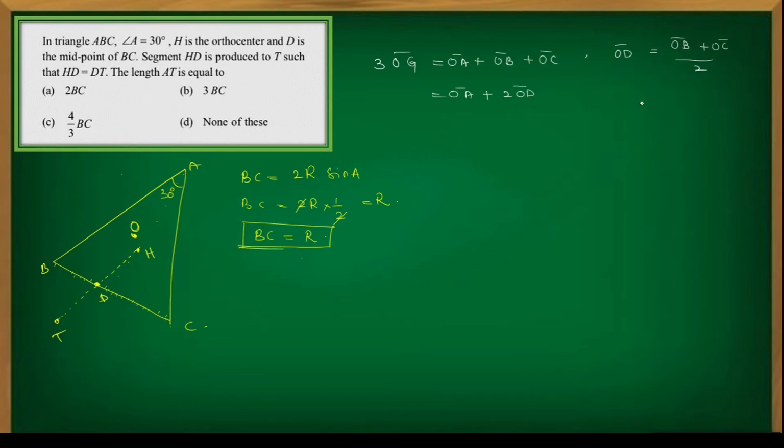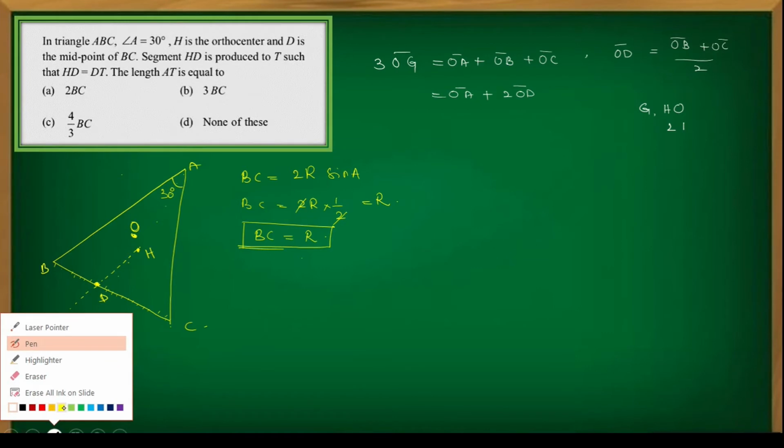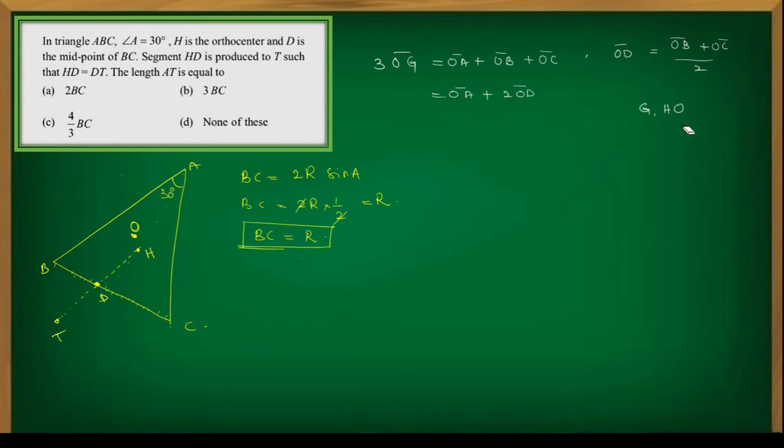Now, the centroid divides the line joining the orthocenter and circumcenter in the ratio 2:1. Just one more time, I'll write G divides HO in 2:1. Now I'll use my style. 1 into OH, 2 into OO. The reference point is O. Keep in mind, if you want to write the H vector, OH. If you write the O vector, OO, OO means zero vector only.